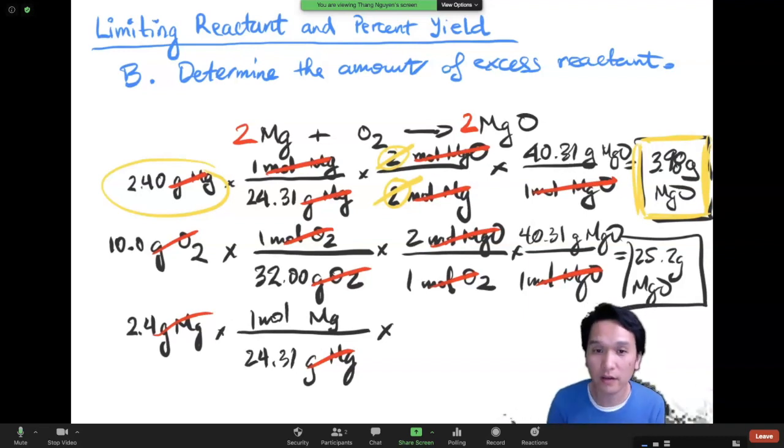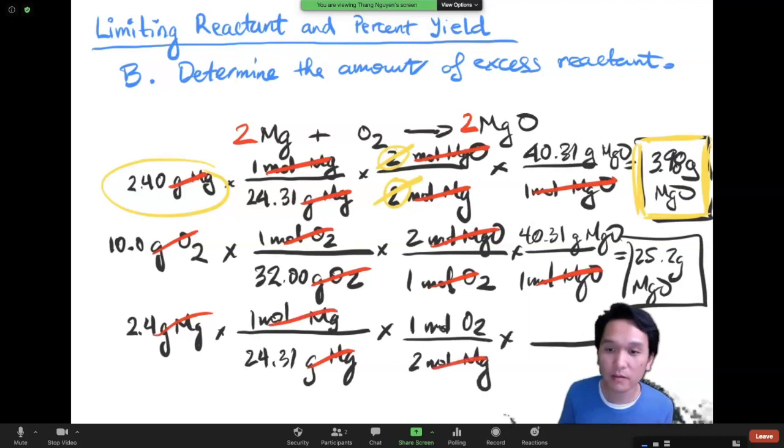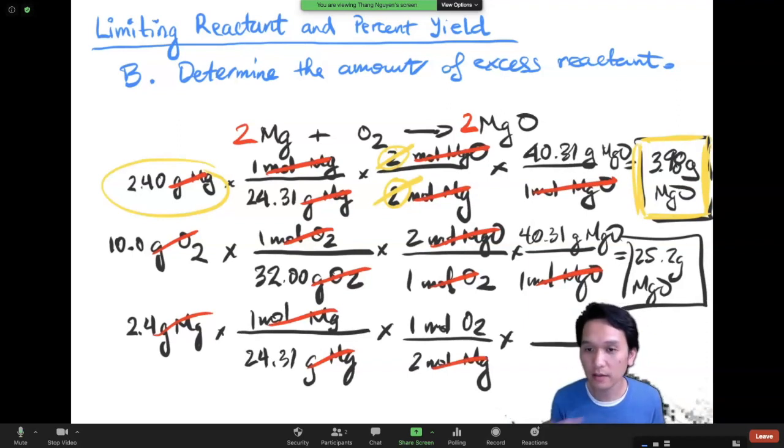So the mole ratio of oxygen to magnesium is a 2-to-1 relationship. Okay, so now we have moles of oxygen. We need to know then what is the mass of oxygen that was used, so using the molar mass of oxygen.